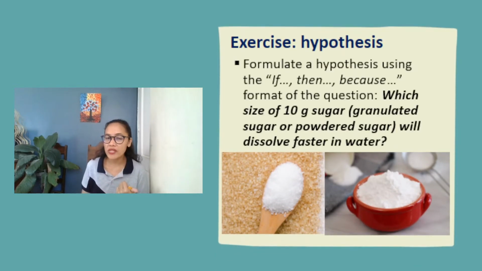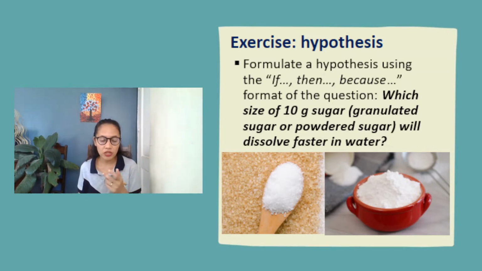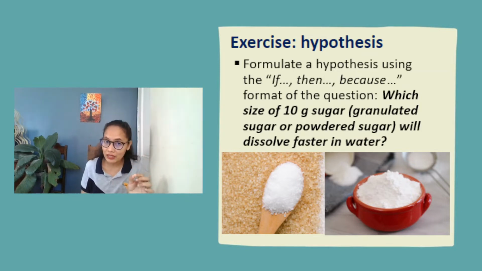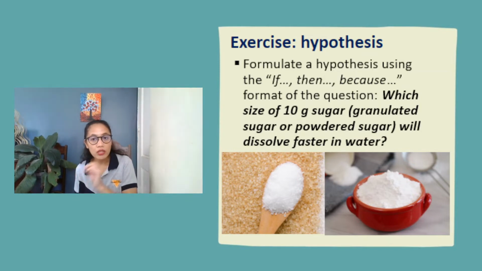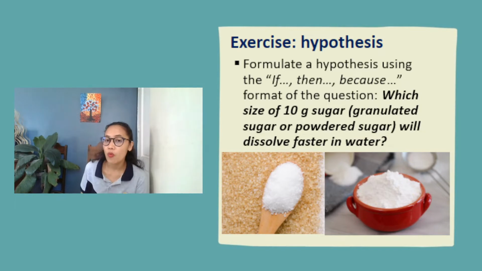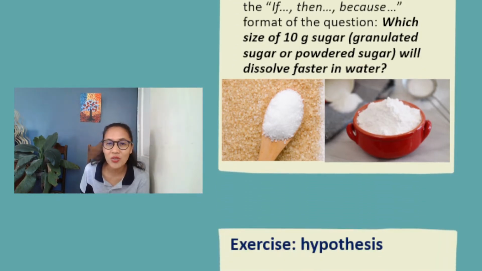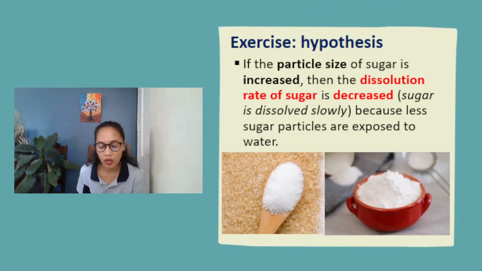Previously you were asked to formulate a hypothesis using the if-then-because format for this question: which size of 10-gram sugar, the granulated or the powdered sugar, will dissolve faster in water? That's the question. With this question, we have this hypothesis.